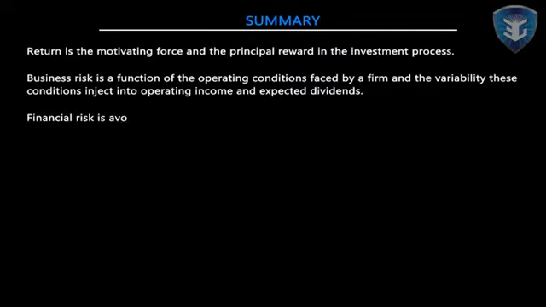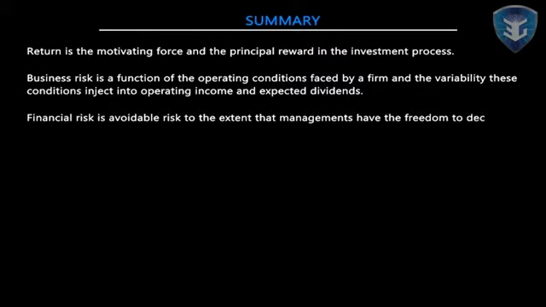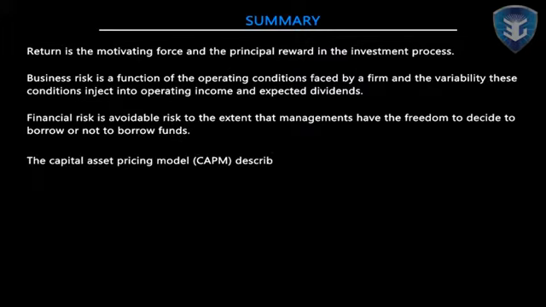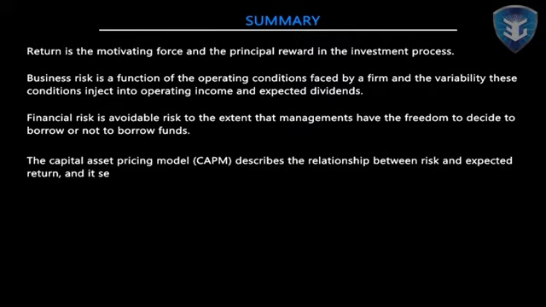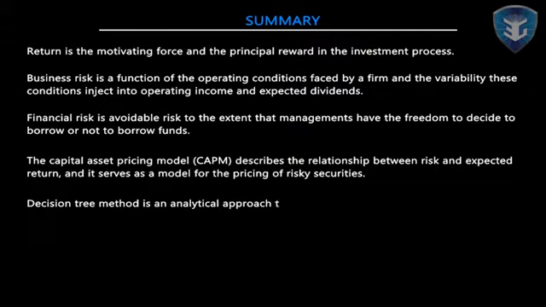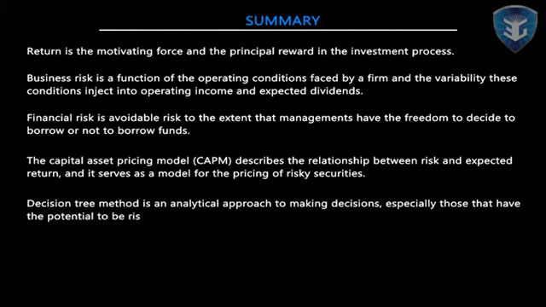Financial risk is avoidable risk to the extent that management has the freedom to decide to borrow or not to borrow funds. The capital asset pricing model, or CAPM, describes the relationship between risk and expected return, and it serves as a model for the pricing of risky securities. The decision tree method is an analytical approach to making decisions, especially those that have the potential to be risky or costly.